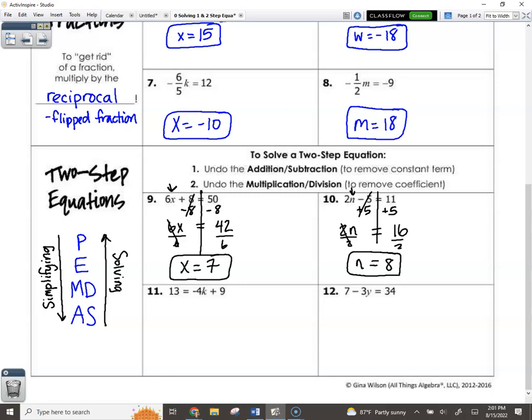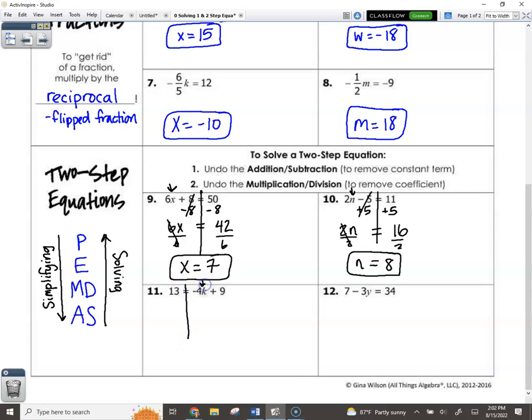Do number 11. You do number 11. Draw your line.